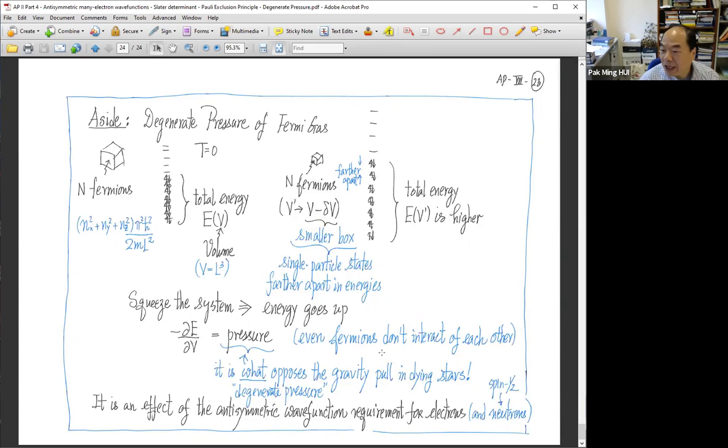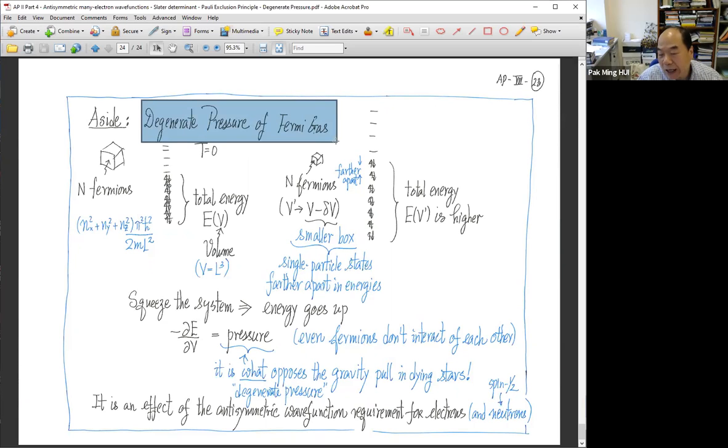And I think it's related to our being, why we are here talking physics. For example, in astrophysics, some of you have heard there is something called the degenerate pressure of a Fermi gas. A Fermi gas means a collection of fermions.